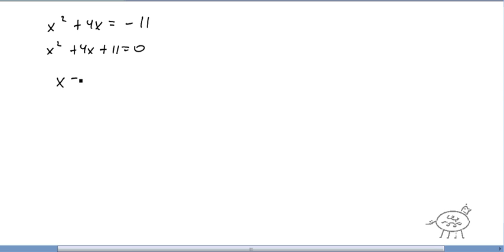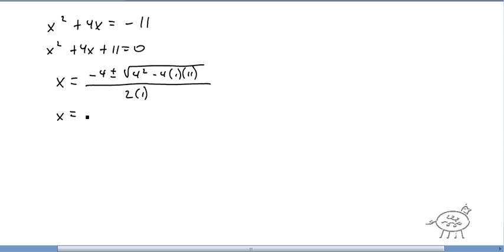Do you guys remember the quadratic formula? x equals the opposite of b plus or minus the square root of b squared minus 4ac, all over 2a. So we're going to do x equals the opposite of 4 plus or minus the square root of 4 squared minus 4 times 1 times 11, all over 2 times 1.